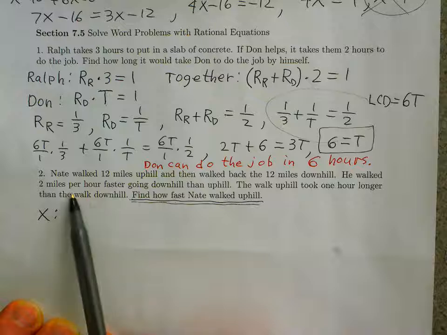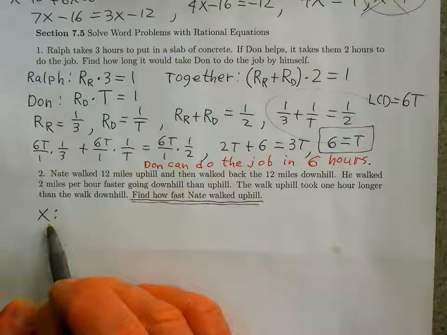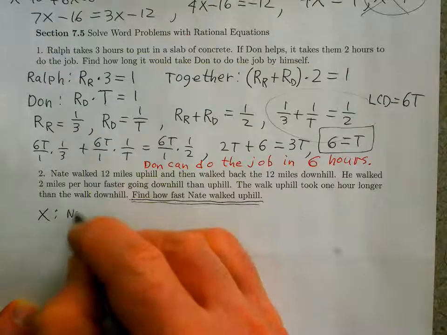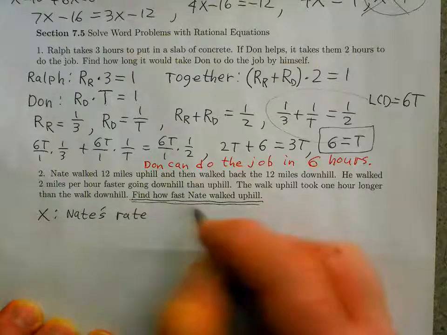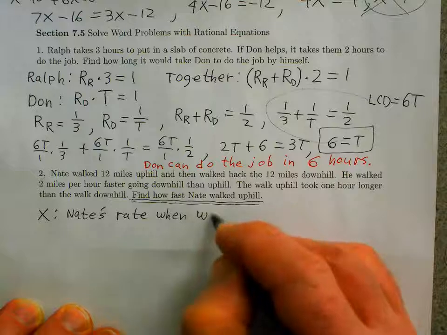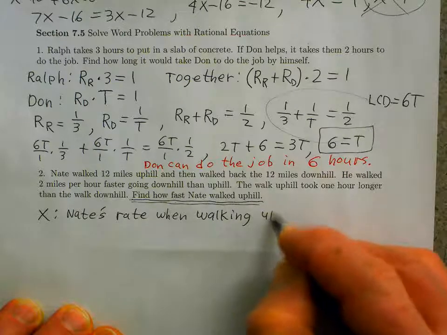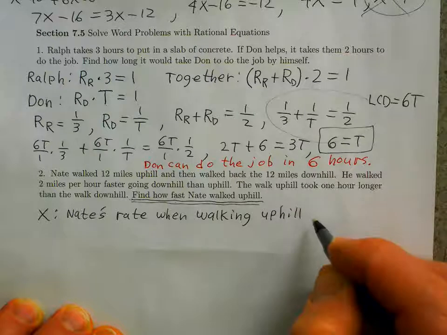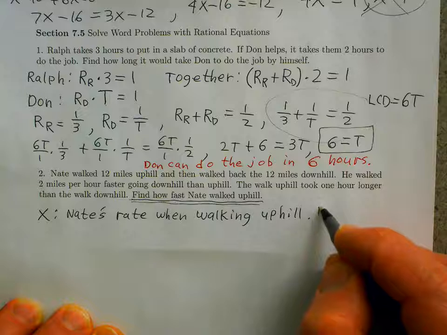It will be measured in miles per hour, just based upon the other information. So X is Nate's rate when walking uphill, in miles per hour.